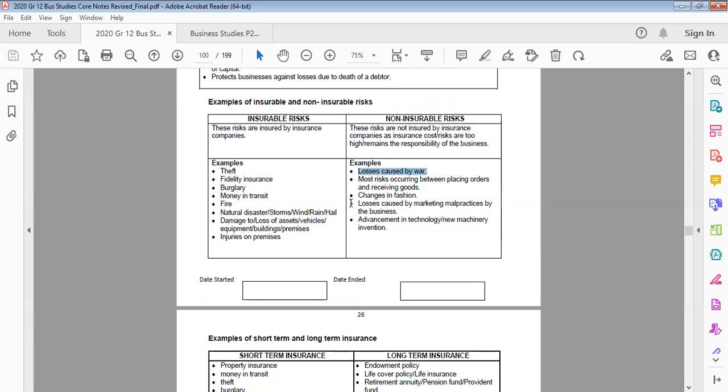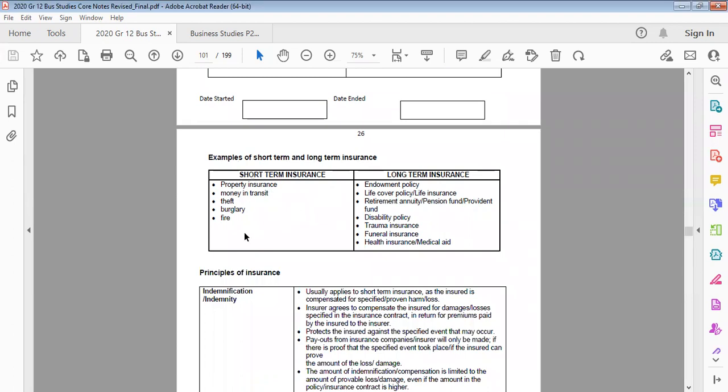Okay, if they had to pay out the losses made by changes in fashion, or if there was an advancement in technology and now it has caused your business to go bankrupt, then there's no way that you can claim for that because it is a non-insurable risk. Okay, so have that concept ready. They love asking this for about 4 marks, the definition and an example. Okay.